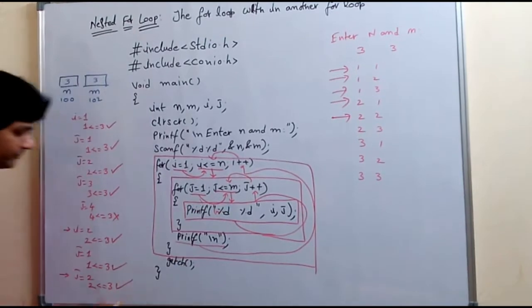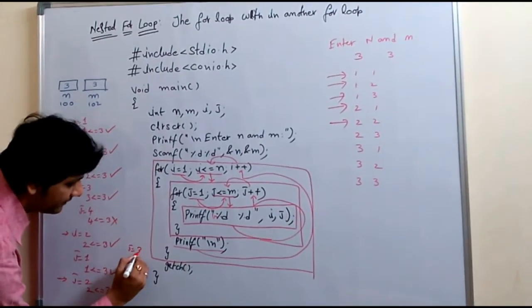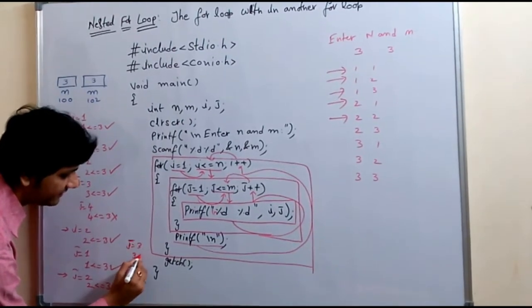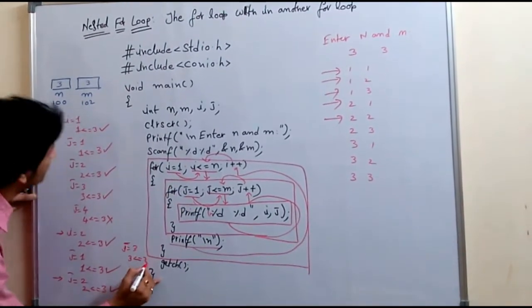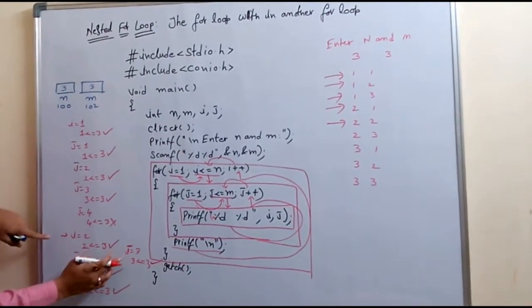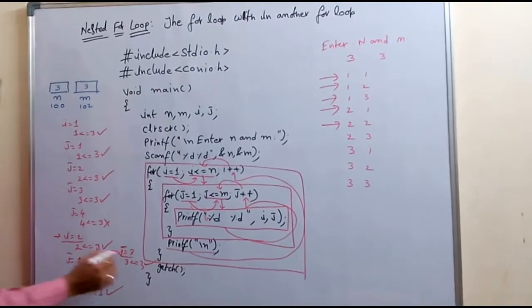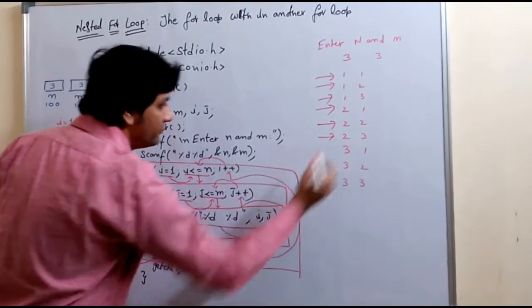Now once again j plus plus. j becomes 3. j becomes 3. 3 less than or equal to, what is the m value? 3. 3 less than or equal to 3, true. Come inside. The i value is 2 only, and the j value is 3. So 2, 3 will be displayed.